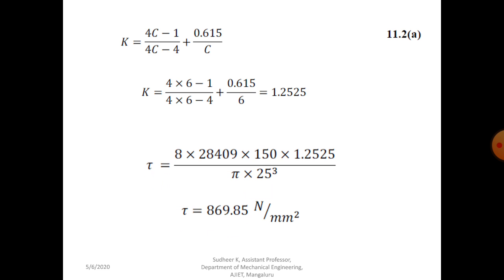Now we have to find the shear stress of the spring wire. That is 8 into 28,409 into 150 into 1.25 divided by pi into 25 cube. So we will get the shear stress as 869.85 Newton per millimeter square.